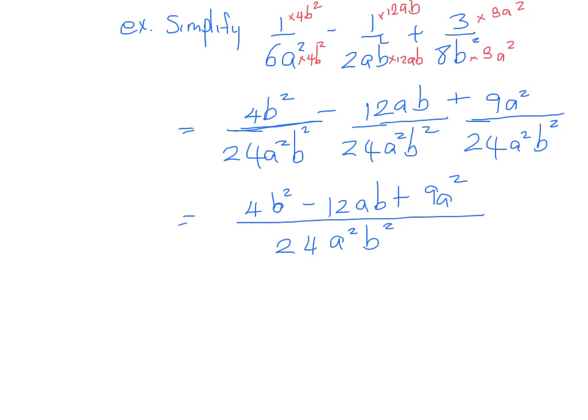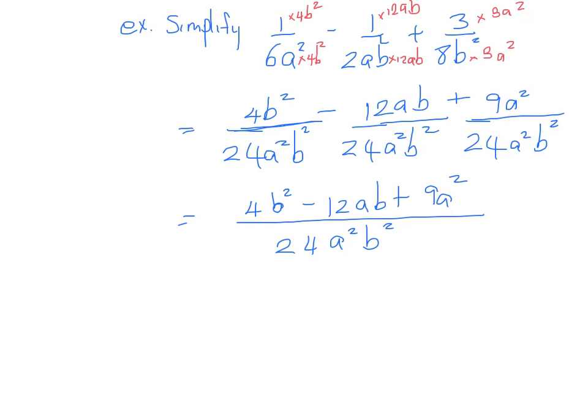So, looking at the expression, we are able to see that it is actually a perfect square trinomial. And if you don't remember what a perfect square trinomial is, you need to look back at the factoring notes or the factoring video.